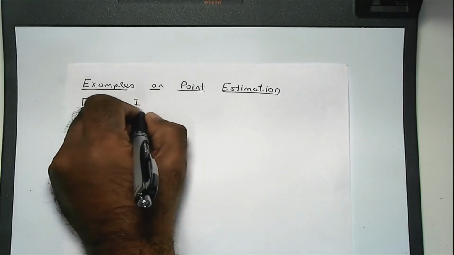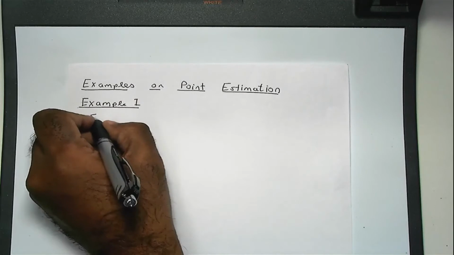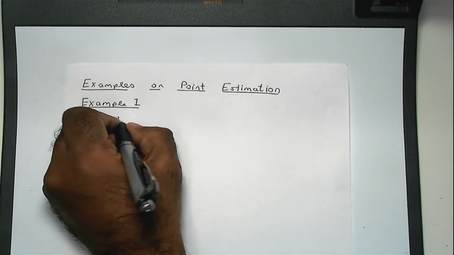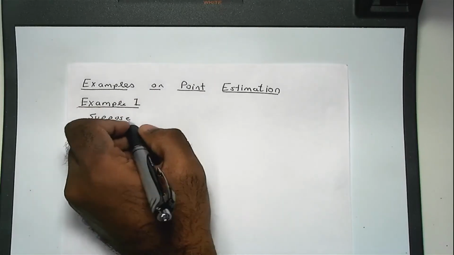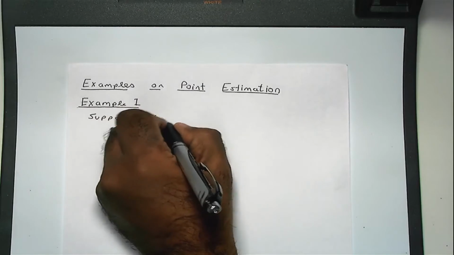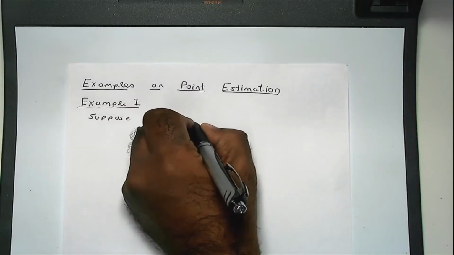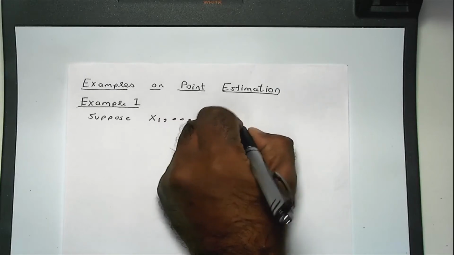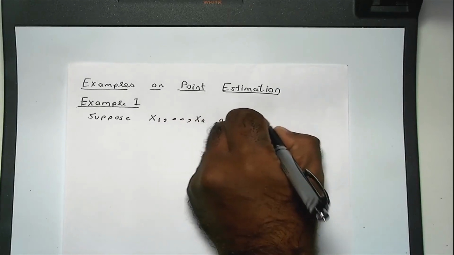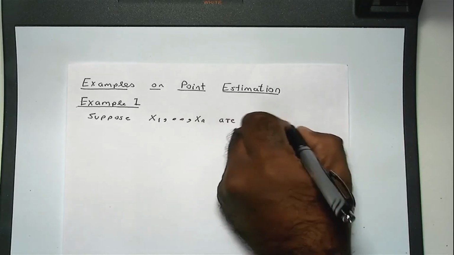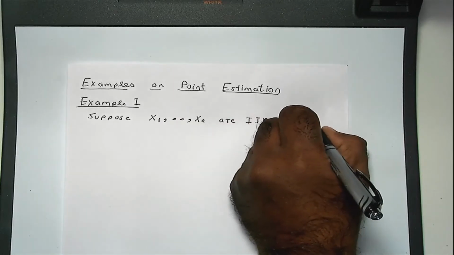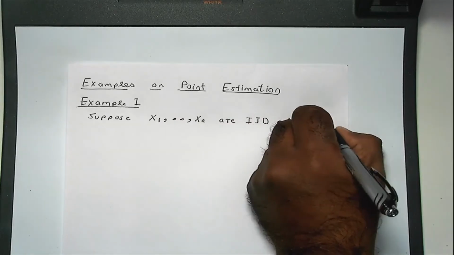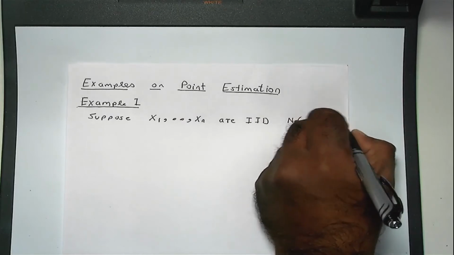Okay, suppose X1, ..., Xn are IID normally distributed with mean equal to mu and variance equal to sigma squared.